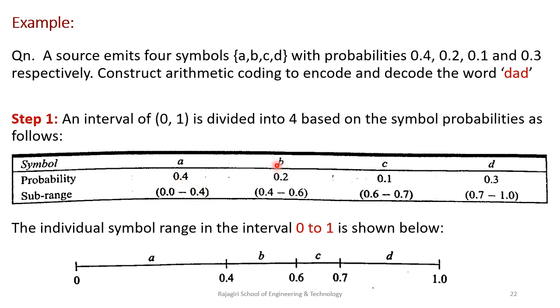The probability of B is 0.2, which means the subrange of B is 0.4 to 0.4 plus 0.2, which is 0.6. The probability of C is 0.1, which shows that the subrange of C is 0.6 to 0.6 plus 0.1, which is 0.7. And the probability of D is 0.3, which shows that the subrange of D is 0.7 to 1.